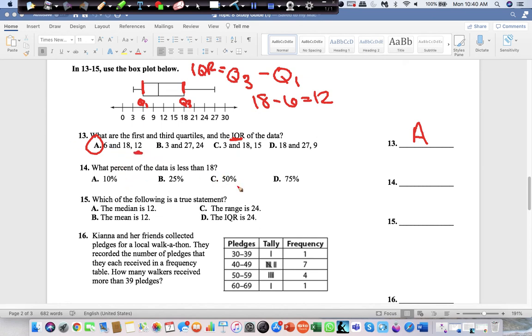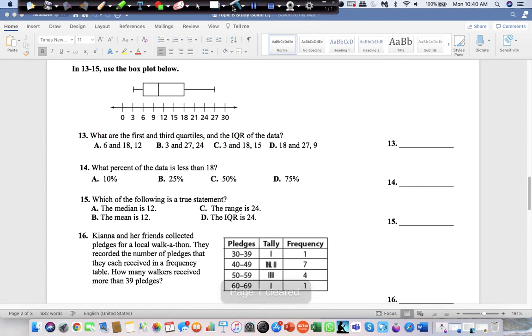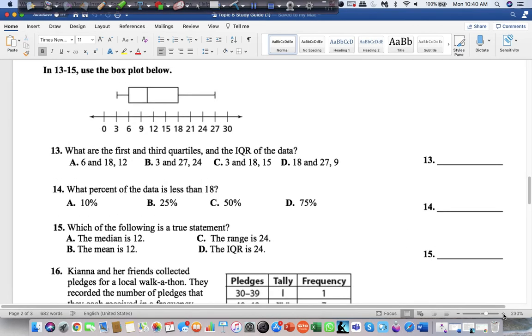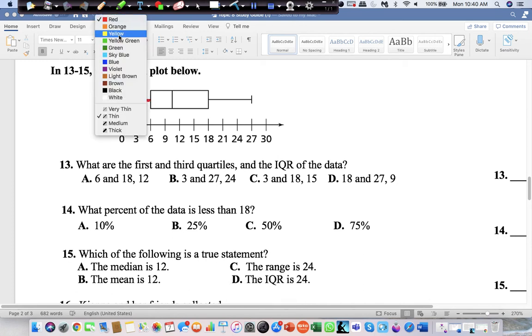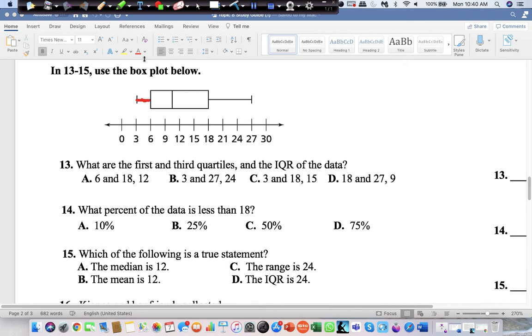What percent of the data is less than 18? I'm going to zoom in on this so it'll be easier to see. Each one of these sections represents 25% of your data. Okay, so each of those colors represents 25% of your data.